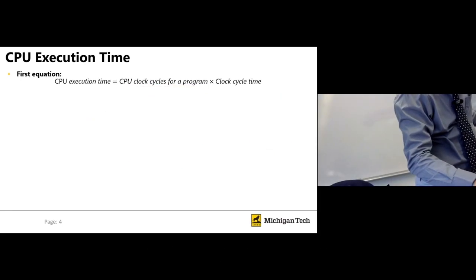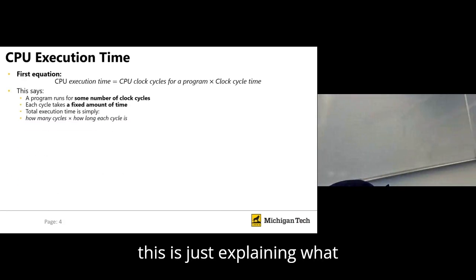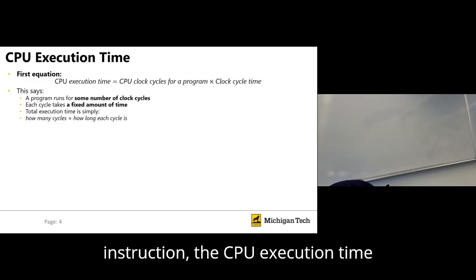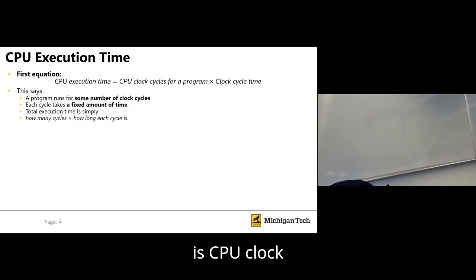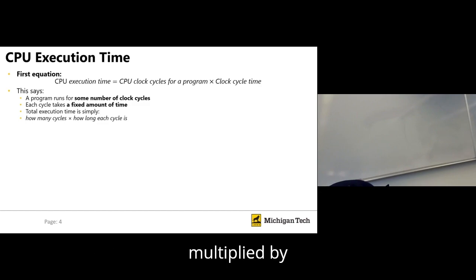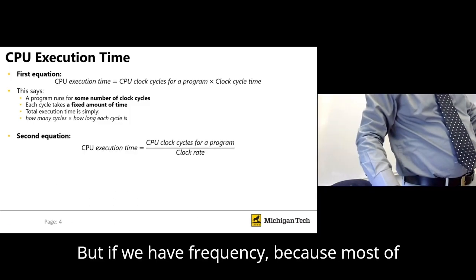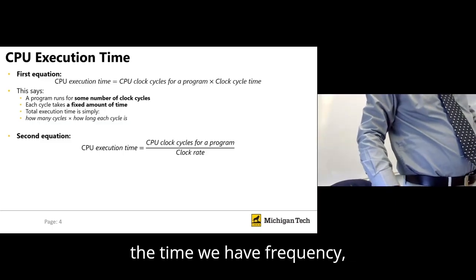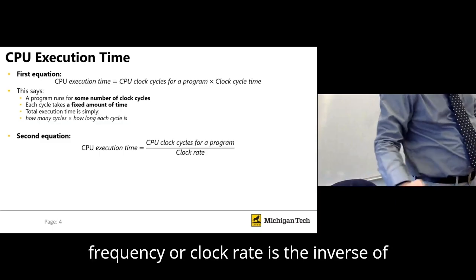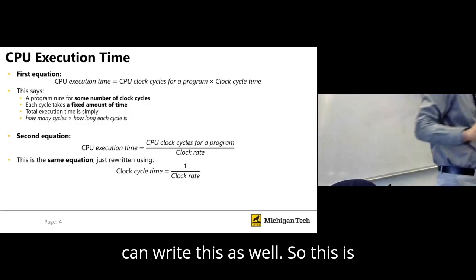Okay, so this is just explaining what I wrote there. The CPU execution time is the CPU clock cycles for a program, as we computed, multiplied by clock cycle time. But if we have frequency, because most of the time we have frequency, the frequency or clock rate is the inverse of clock time. So we can write this as well.